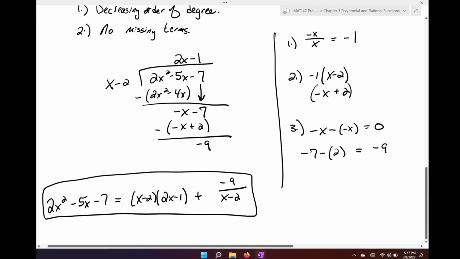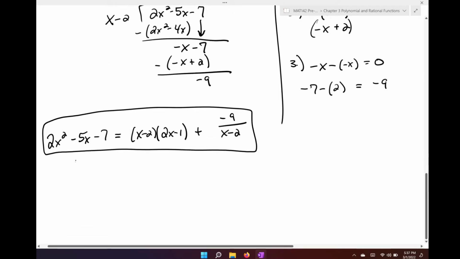So if you look at the definition that we have above, this is p of x. Then the x minus 2 is going to be d of x. 2x minus 1 is our quotient, which is q of x, plus our remainder over d of x. All right?